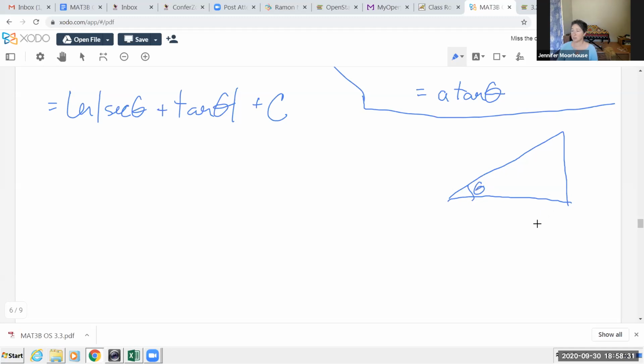Secant is hypotenuse over adjacent, that's x over a. So this is x and this is a. And that makes this leg, using the Pythagorean theorem, the square root of x squared minus a squared.